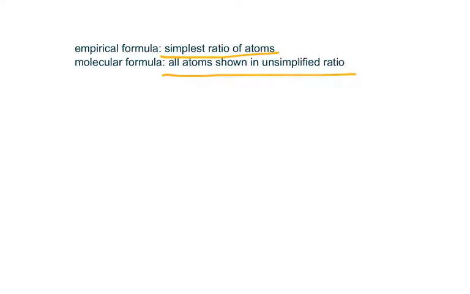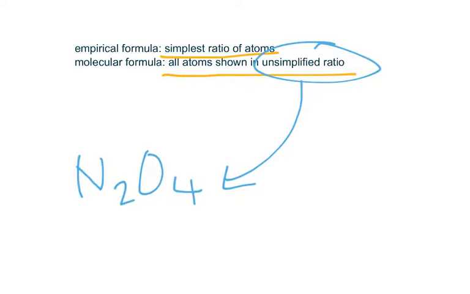So for example, if we take the molecular formula N2O4, which is dinitrogen tetraoxide, then the empirical formula would just be the simplest ratio of the atoms. So the unsimplified ratio is our molecular formula, and our empirical formula is the simplest ratio. So how do we simplify the ratio of 2 to 4? Well, you just divide both sides by 2, and you get NO2 as our empirical formula.